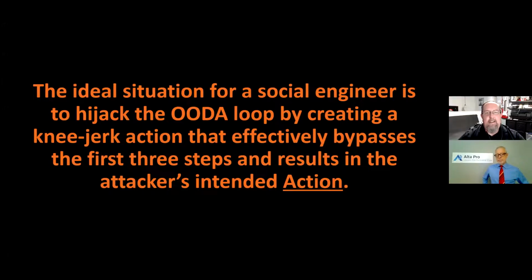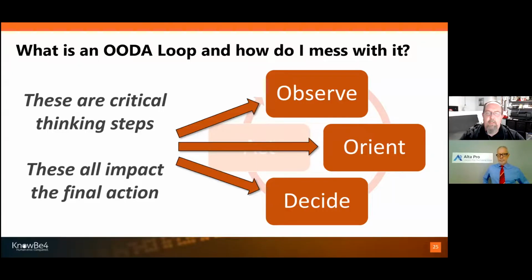Well, the trick is, the ideal situation is if the bad guys can hijack your OODA loop, they can influence your action. And where this comes in real strong here is observe, orient, and decide are critical thinking skills. These are easily impacted by emotions. If you ever think about the times that you're really upset about something or get mad about something, how easy it is to make critical thinking decisions during those times.